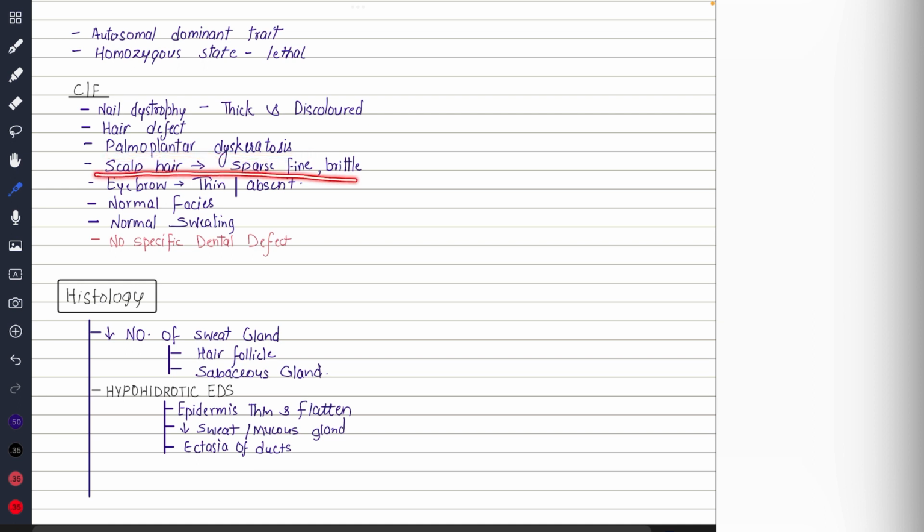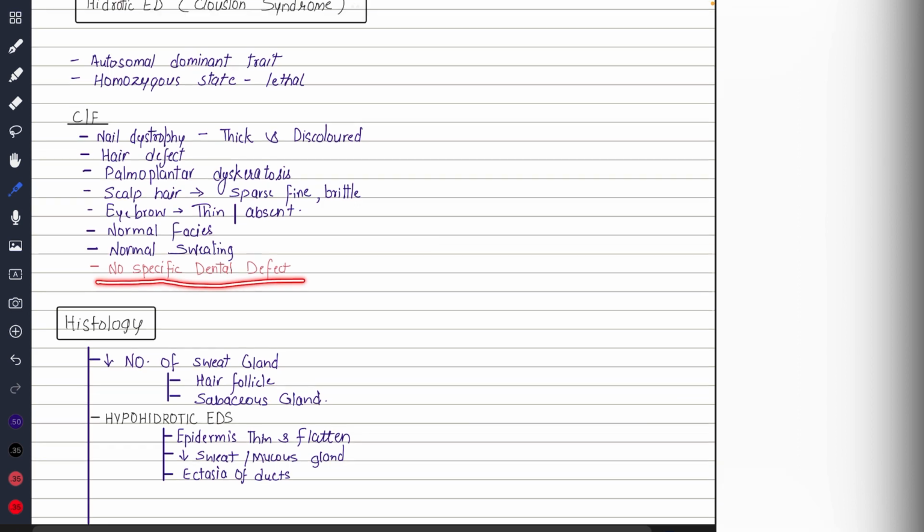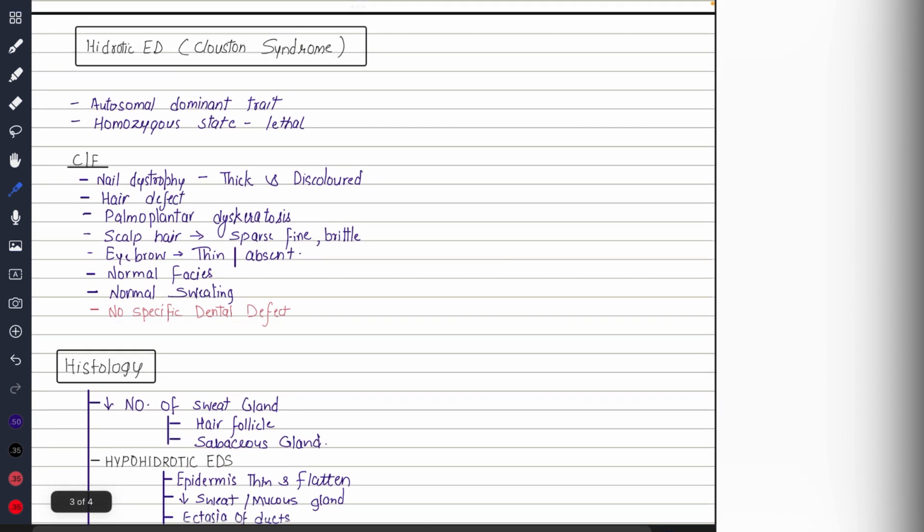Scalp hair will be fine, sparse, weak, very brittle, and will fall very easily. Eyebrows are thin, sometimes even absent. Face will be normal, sweating will be normal. And one more thing, there are no dental defects in hydrotic.